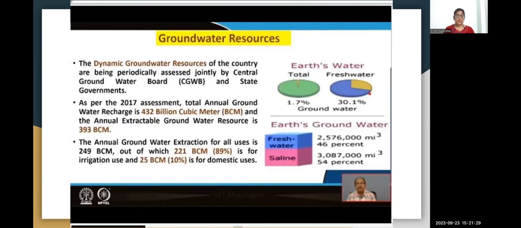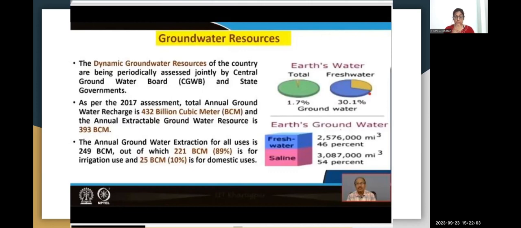According to that assessment, there is a total annual groundwater recharge of 432 billion cubic meters, and out of that, 393 billion cubic meters can be extracted. Out of the extractable 393 billion cubic meters, what is being used in the country is 249 billion cubic meters, out of which 89% is used for irrigation and only 25% is used for domestic purposes.